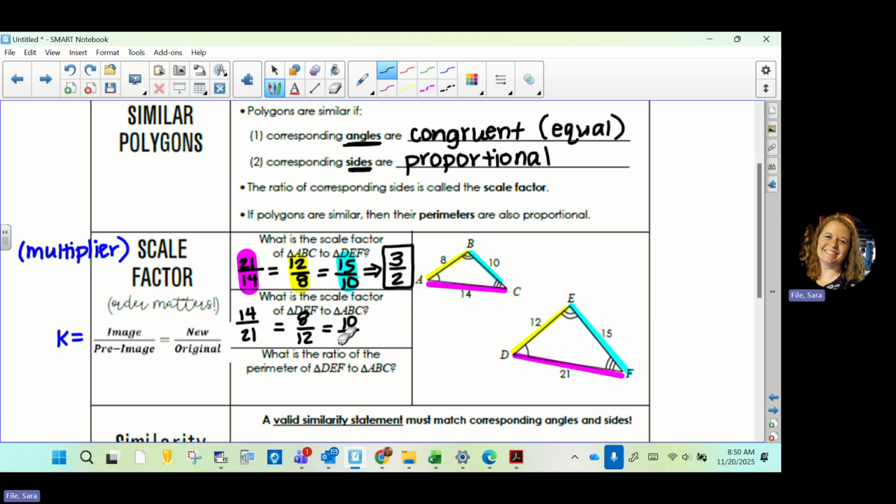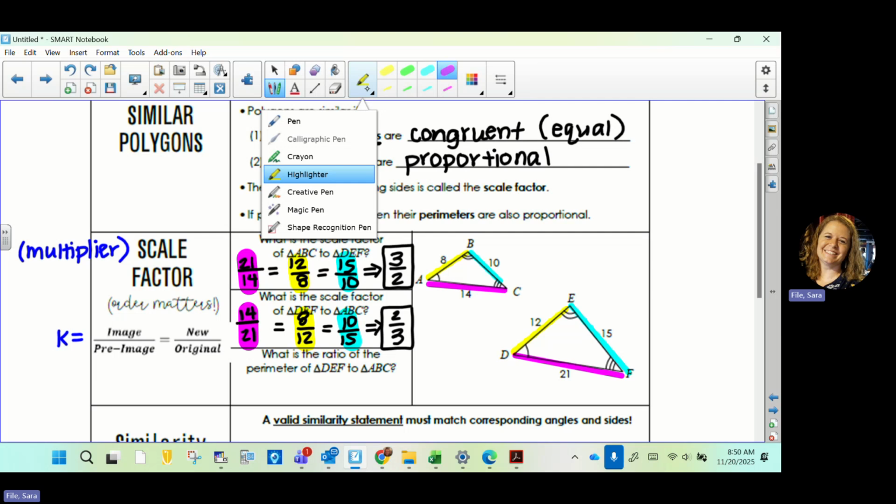So what's that going to come out to, do you think? If I just flipped all those fractions over, isn't it just going to flip my ratio? So instead of 3/2, it comes out to 2/3. Okay, so order matters.